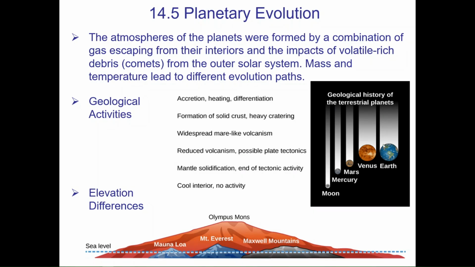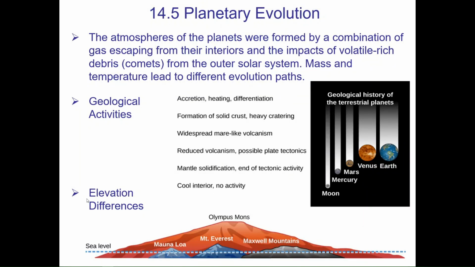And for the 2 bigger ones, Venus and Earth, the volcanism is not as heavy as in the past, but especially for Earth, we actually have plate tectonics. The larger the planet, the slower it will go through this process.